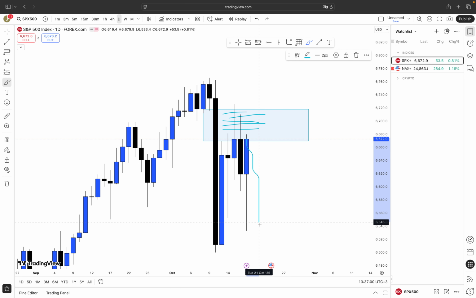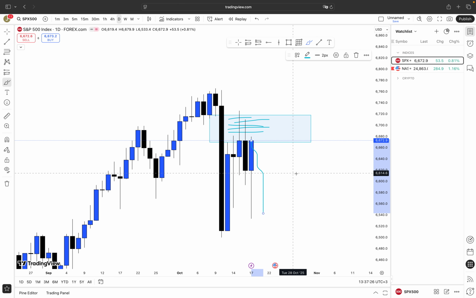move lower. And the reason why fair value gaps always function like a magnet is because there are resting orders here that want to get triggered, also resting liquidity, and the market wants to seek out these limit orders and then continue in the direction that it wanted to continue.